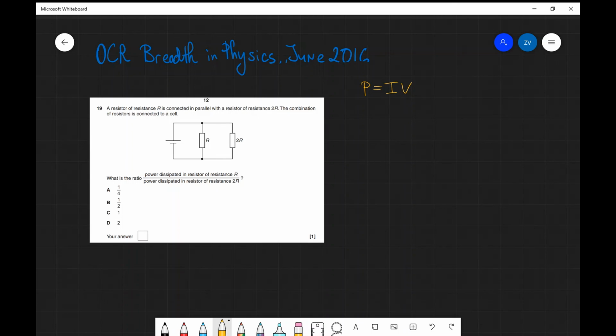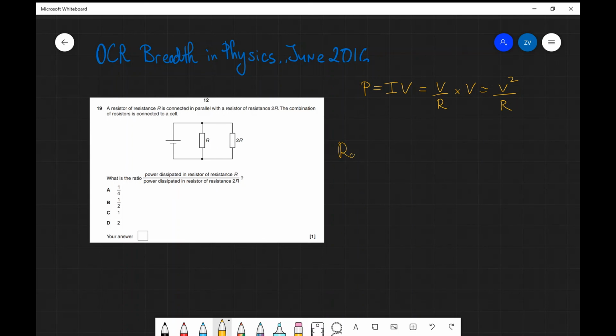Because the voltage is constant in both of these branches, let's express I as V over R, voltage over the resistance from Ohm's law, multiplied by the voltage again, and power is just V squared over R. Okay, let's write down this fraction.